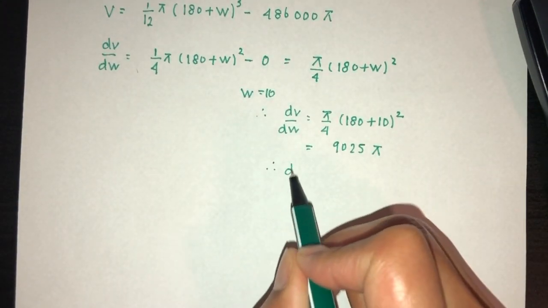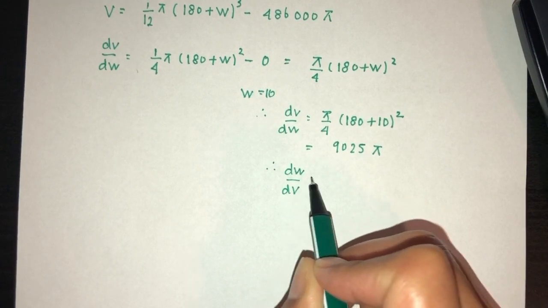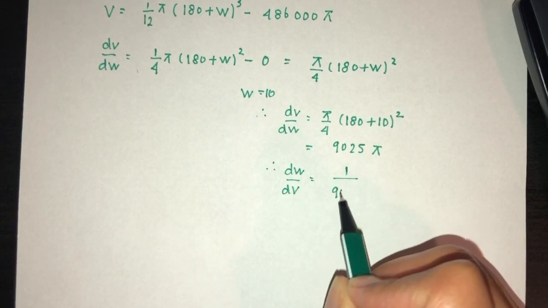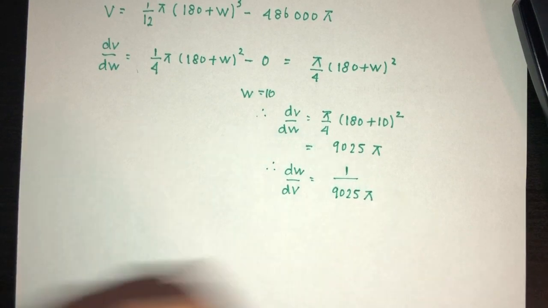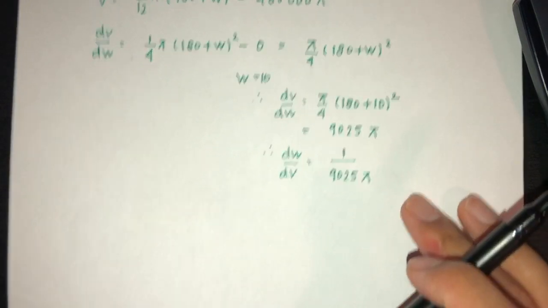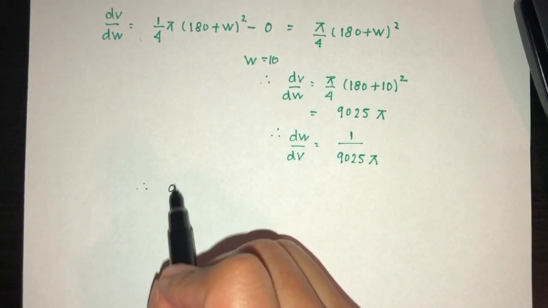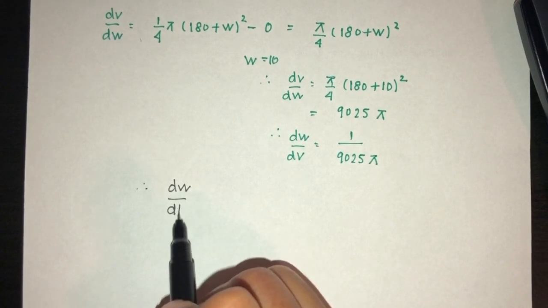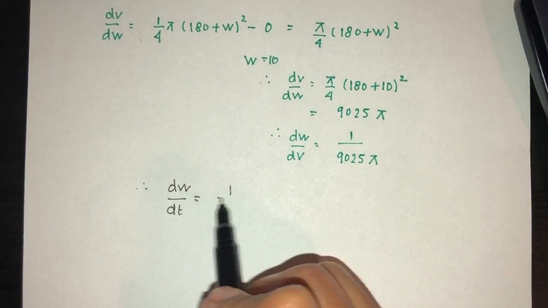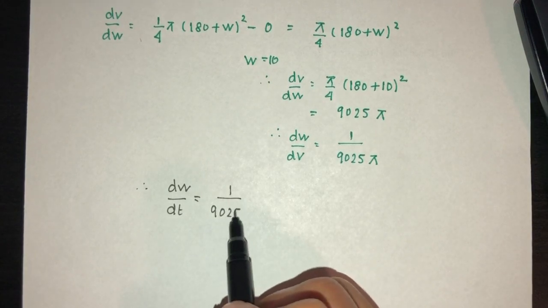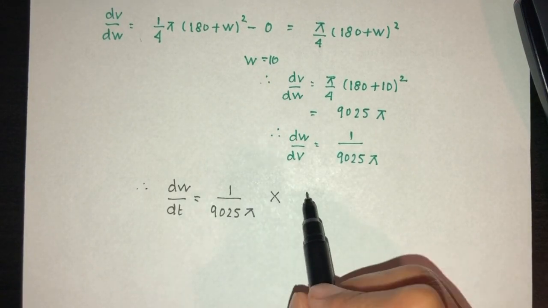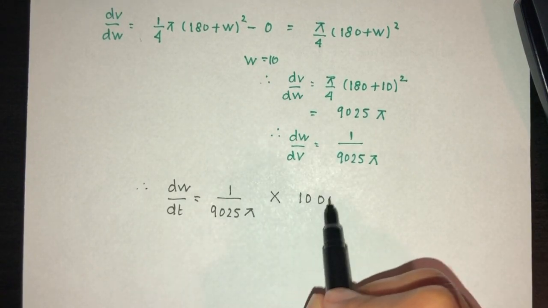Now we have this, but the question is asking for dW over dt. dW over dV is just 1 divided by this. So finally, replacing this back into the equation, you will have dW over dt is equal to 1 over 9025 pi times 10,000.